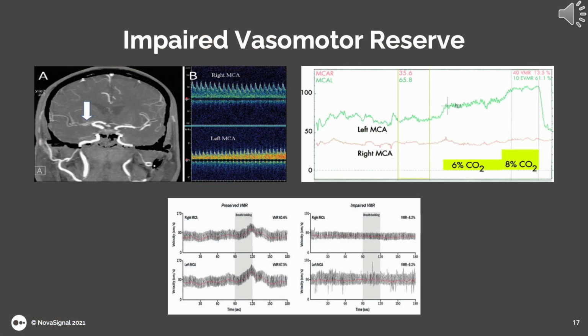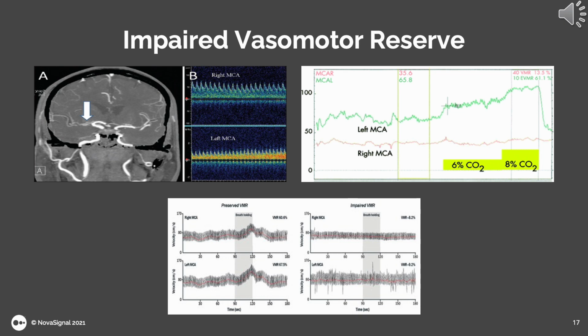What does impaired vasomotor reserve look like? The image in the upper left shows how the left MCA responded well to the increase of CO2, where the right MCA's mean flow velocity showed little to no change.